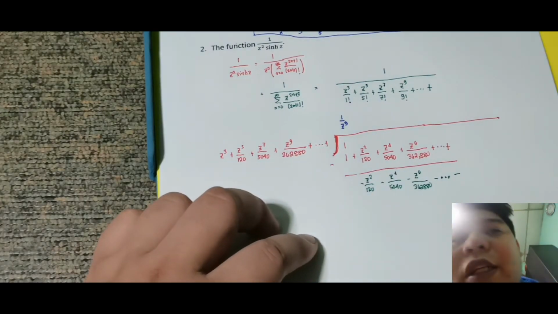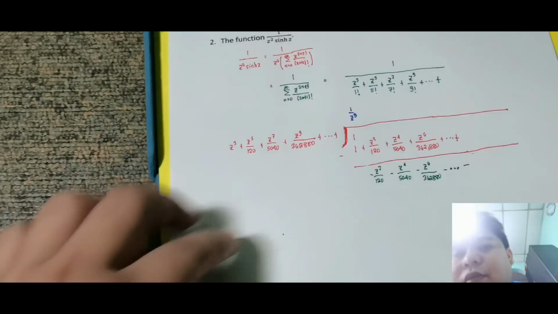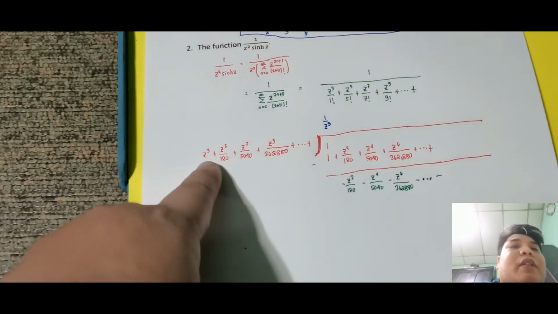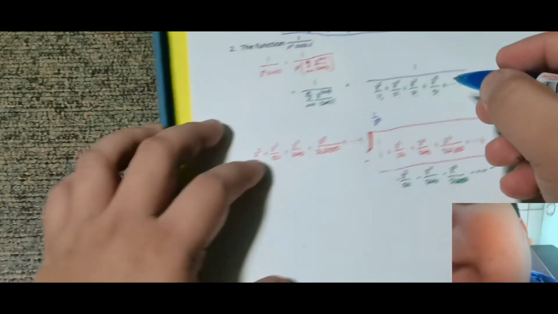Okay, so ganun yung nangyayari sa kanya. Next, ito naman divide doon. So we have negative z squared over 120 divided by z cube. So pag nag-divide tayo niyan, cancel sa taas, magkakaroon ng z sa ilalim. Okay, tas negative.